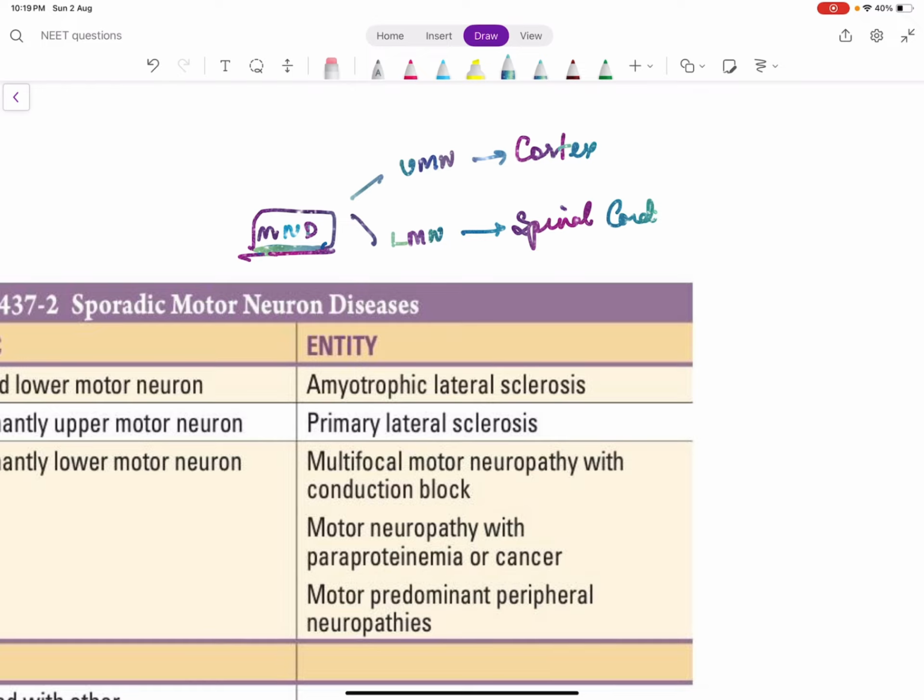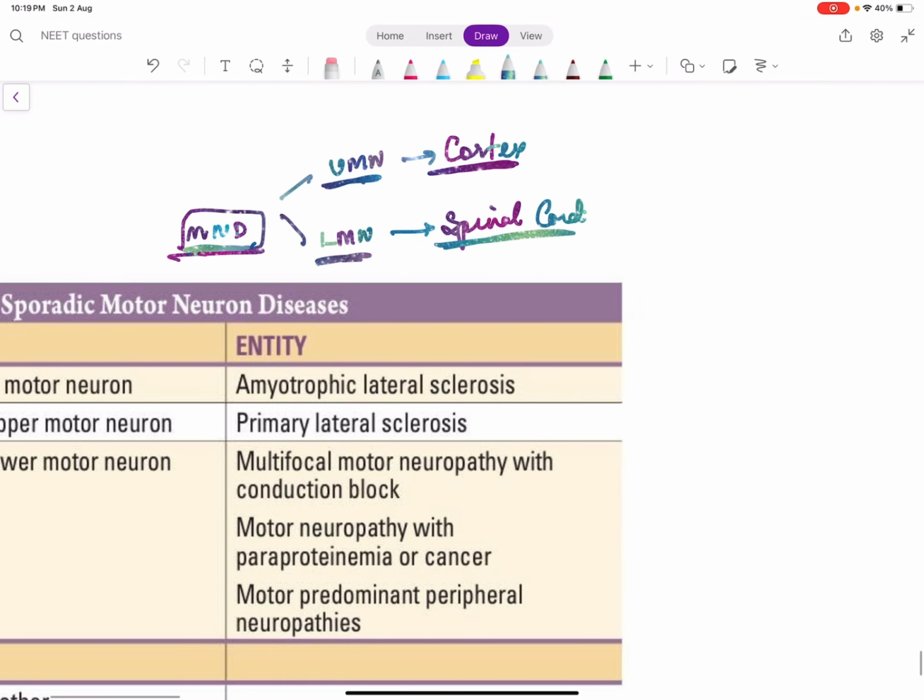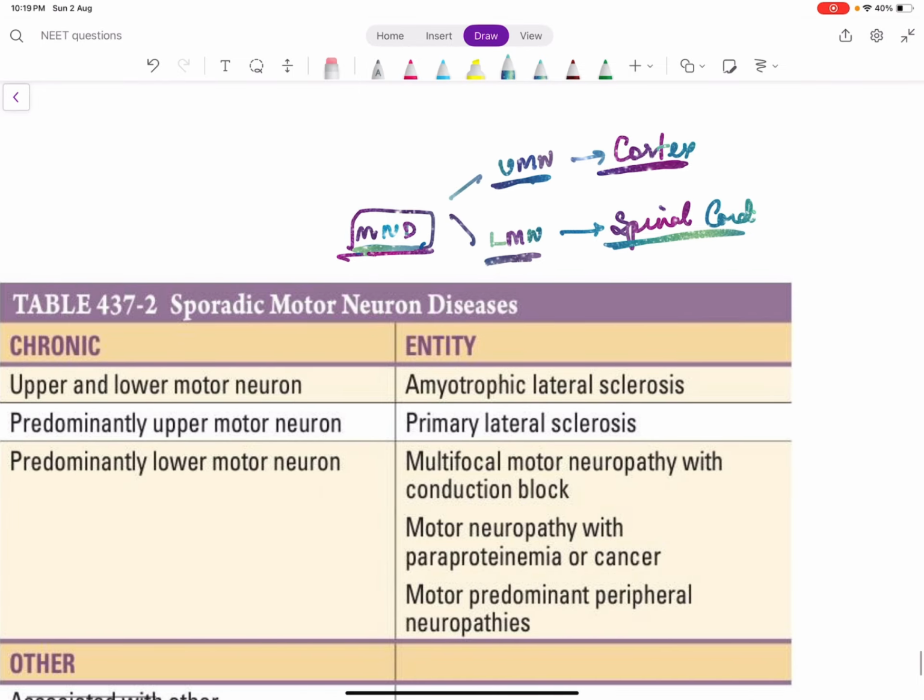After it ends, we have the alpha motor neurons or the spinal motor neurons, from where the next step starts. Their axons end in the neuromuscular junction. So we have upper motor neuron which begins from the cortex, lower motor neuron which begins from the spinal cord. So motor neuron disease is basically a problem with this.